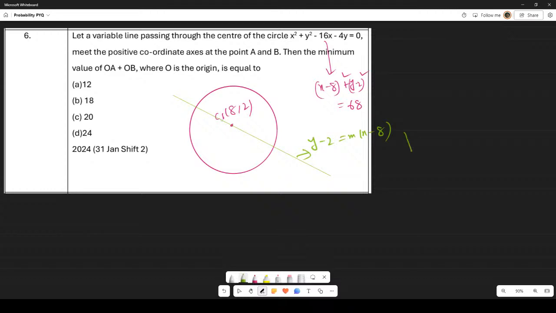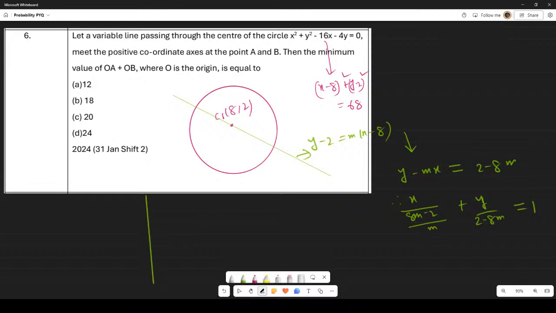Now I explain the geometry of this problem. y minus mx equal to 2 minus 8m, so I am writing it in intercept form. Hope by the end of class 12 you will understand this thing. So what are the points of intersection with the coordinate axes?